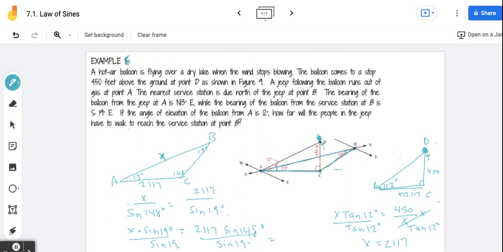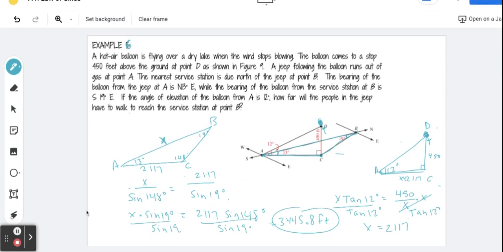All right, so I get 3445.8. And this one doesn't specify where to round to, so I'm just going to leave it as it is.